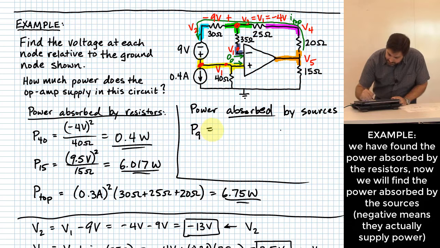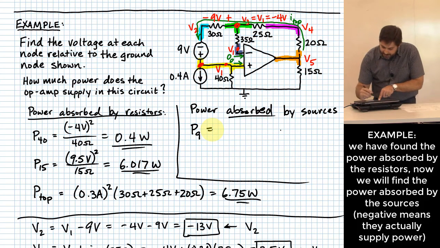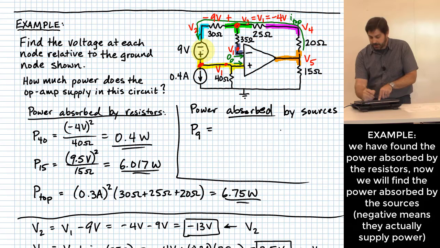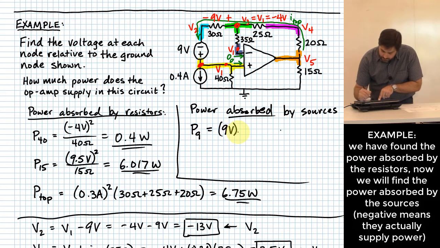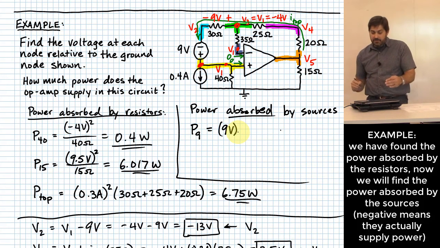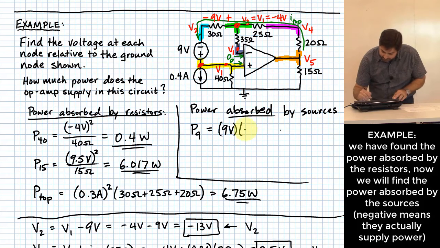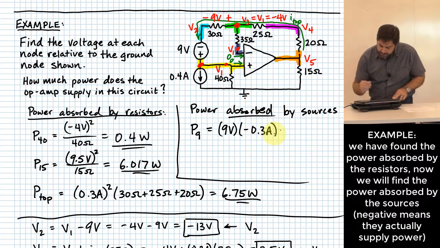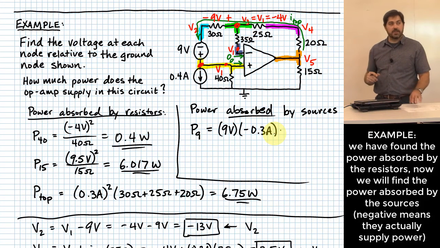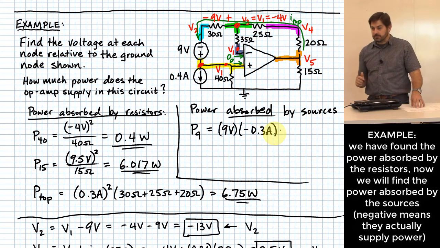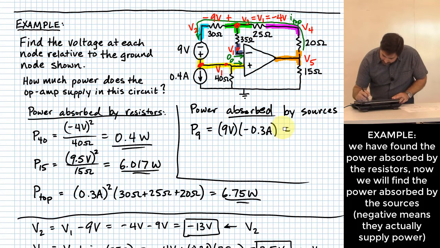The amount of power there is just voltage times current, so 9 volts. But the current would have to be going the other way in order for it to be absorbing power. So I'm going to apply my negative right there. More than one way to think about this, but I'm going to put my negative in front of my current that's flowing through that 9-volt source. And what that ends up giving me here is, that should be 2.7, right? Negative 2.7 watts.